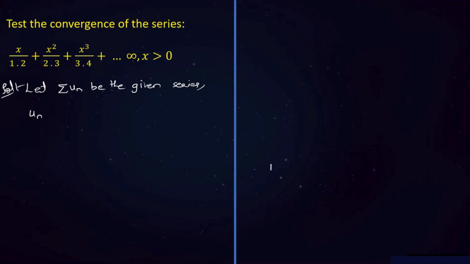In the first term, I'll take n equal to 1, I have x to the power of 1. Then in the second term, there is x to the power of 2. And in the third term, I have x to the power of 3. Like this, if you continue, in the nth term obviously you will expect x to the power of n. They are all in sequence. So in the nth term un, the numerator is clearly x to the power of n only.